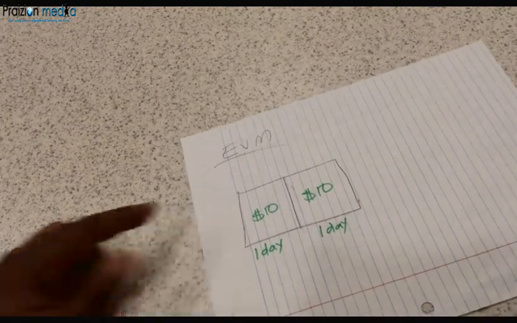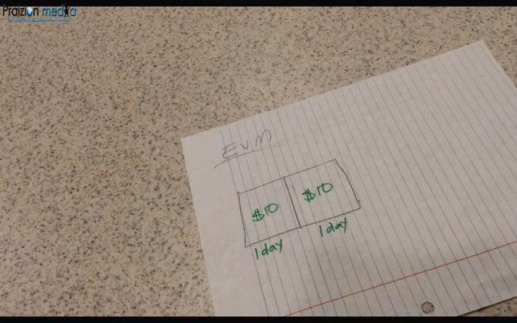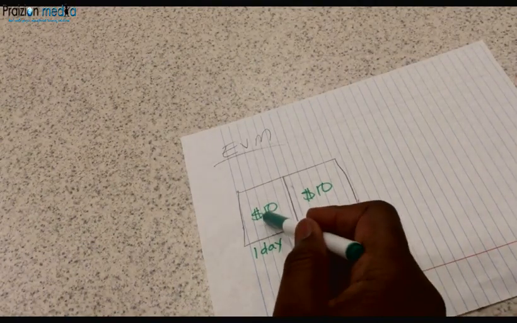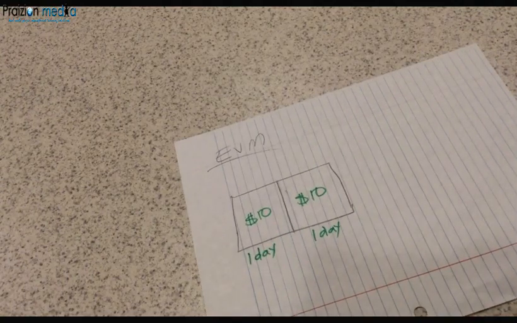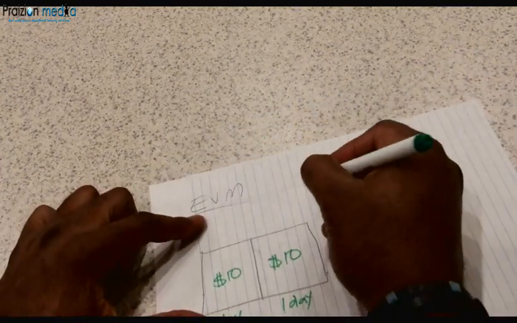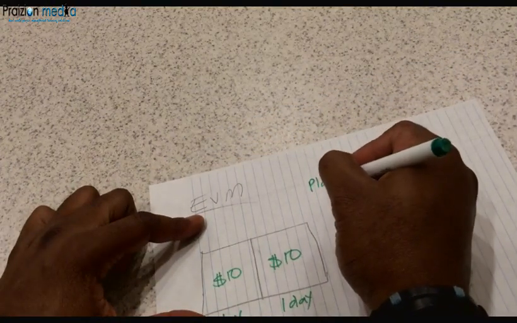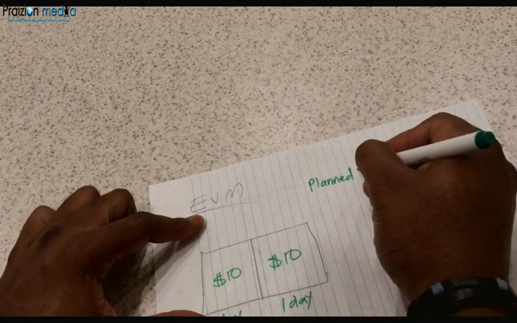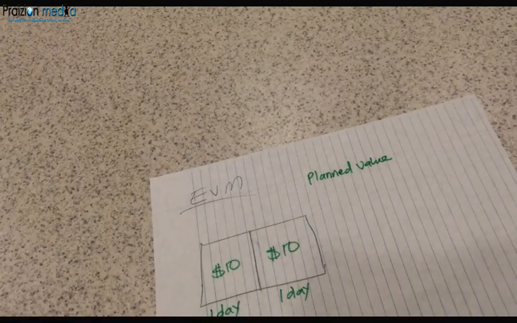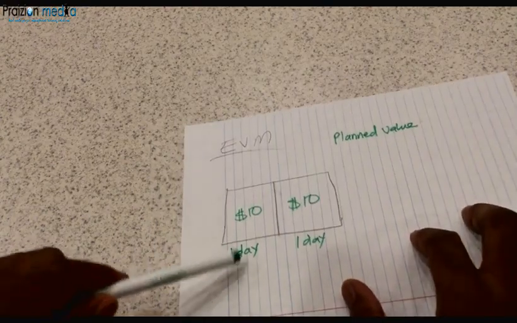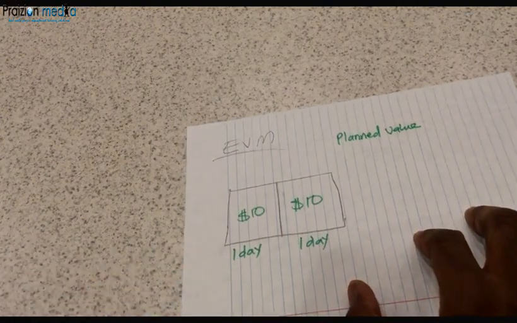That's the promise. Now, this promise to get this work done for $10 in a day is called planned value. So, planned value is really the budgeted cost for the work scheduled for day one.